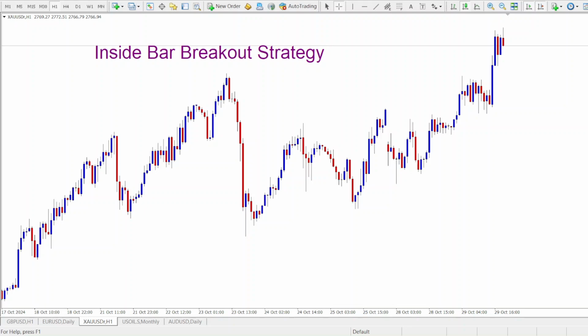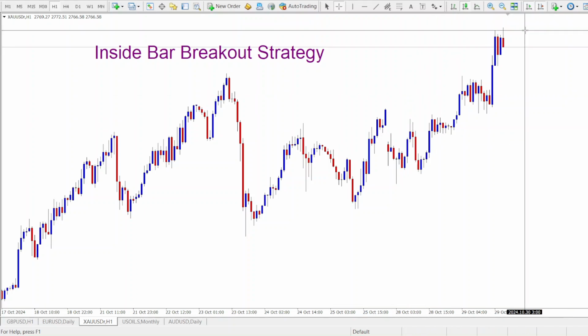Now when you have identified this pattern, you should know that it signifies a period of consolidation and market indecision, and it can often lead to powerful breakouts in either direction.